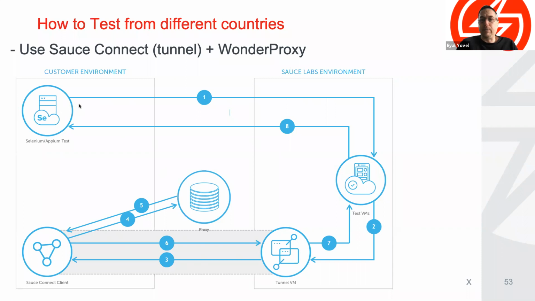When I send an HTTP request, for example, a GET to the Domino's website, this request will be sent to the device in Sauce Labs, and from here via the secure tunnel to my machine, and from my machine to the proxy server. And the proxy returns the response to the Sauce Connect client and via the tunnel back to the device. So I can show you how it runs.